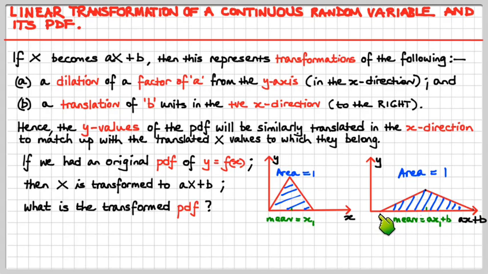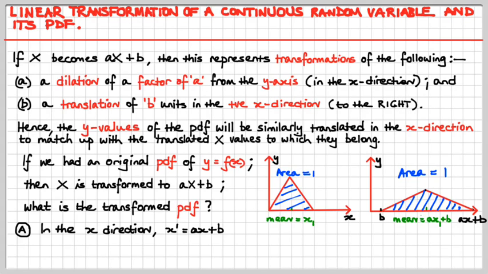And you'll notice this little bit over here is b, to signify that this whole thing is stepped along, because this point here, which was at the origin, has now moved b units along. And of course the area is 1 again, which we're going to talk about in a minute. It's very, very interesting. You might notice that this function's apex is not as high a point in terms of y as this one is, and there's a very, very good reason for that. So just note that fact, and we'll talk about it as we go along, okay?